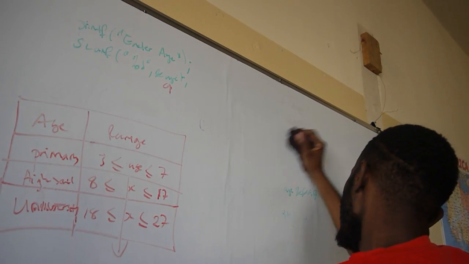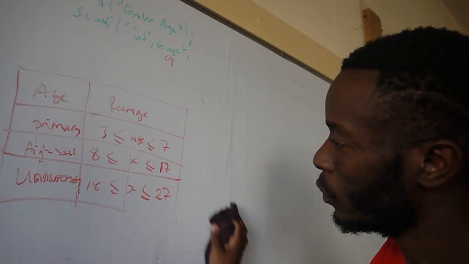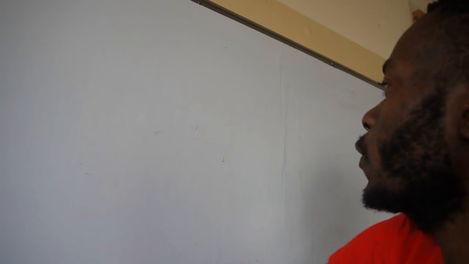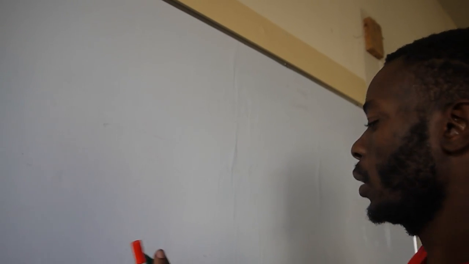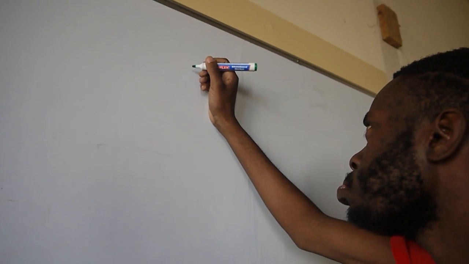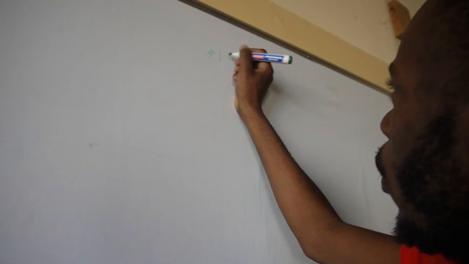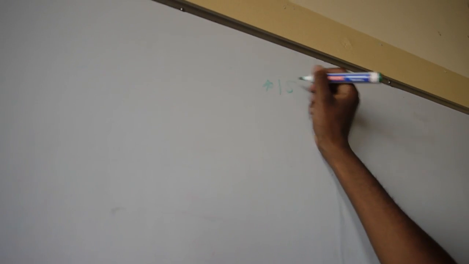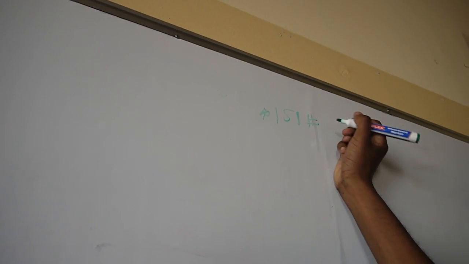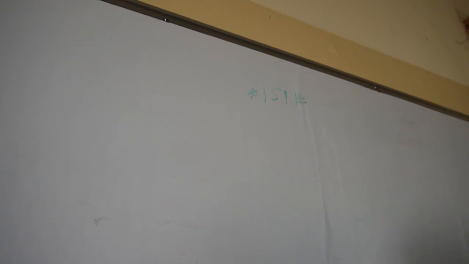So that's how we make use of if statements. My next part is a switch. How do we make use of switch? So for example, if you dial *151 on your phone hash, you will receive a message.